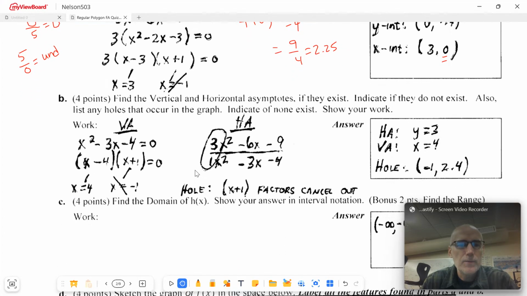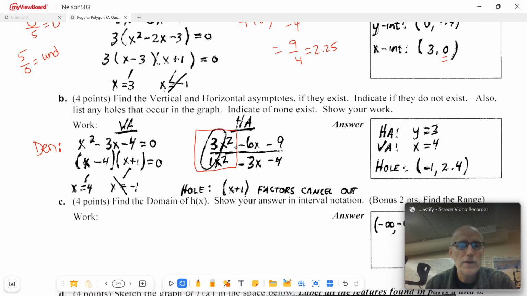Where do vertical asymptotes come from? It comes from when the denominator equals 0. So this sucker right here is the denominator. Let me label that, denominator. That equals 0. Okay, then horizontal asymptotes are about end behavior. So you want to look for the highest powers in the numerator and the denominator, and you want to compare those two.